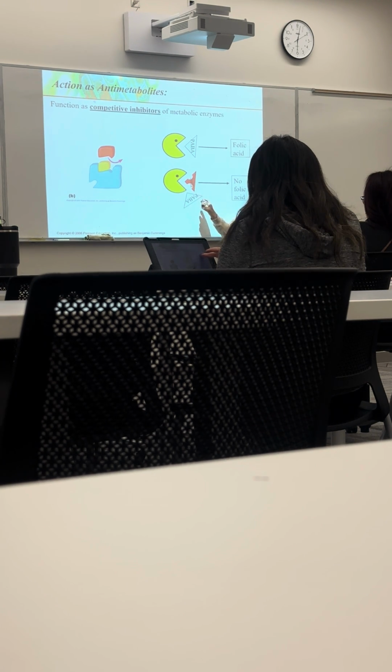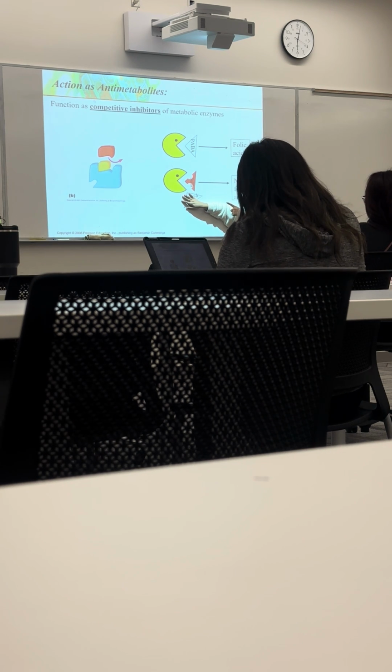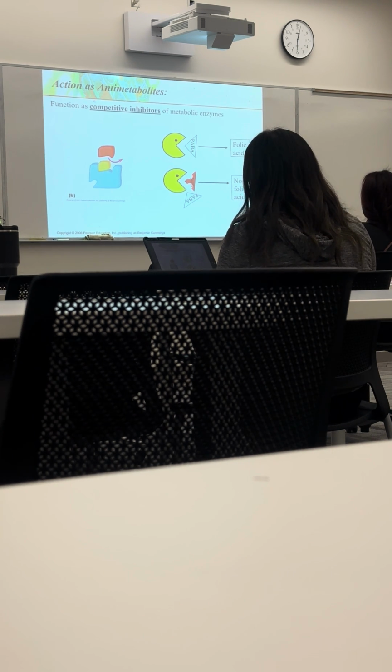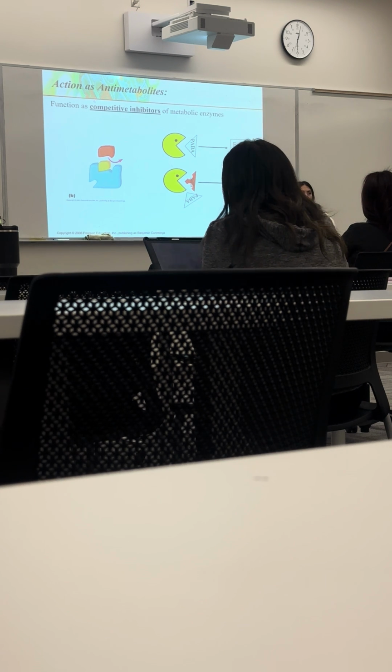Okay? If it binds where PABA is supposed to bind, then PABA can no longer bind to that enzyme. Okay? If PABA can't bind to that enzyme, you can't make folic acid. Okay? Folic acid is key. Okay? If you can't produce folic acid, your bacteria can't replicate. Okay? So bad, right?